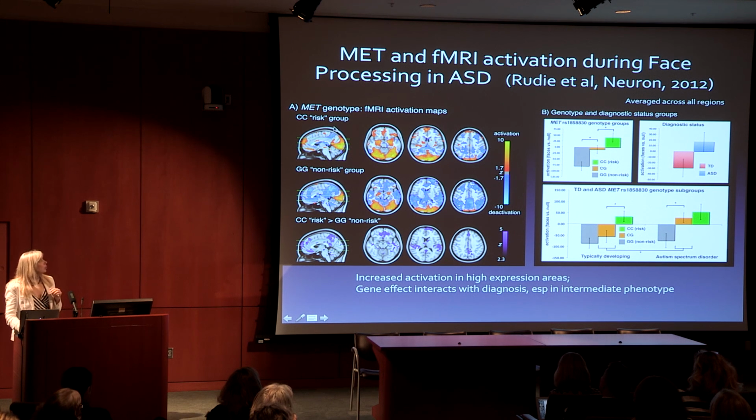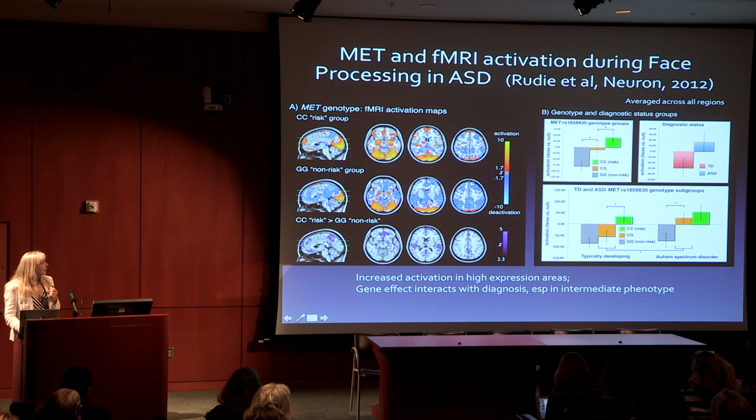And so what he found was, for those individuals who had 2 copies of the risk gene, compared to people who had 2 copies of the non-risk gene, in response to faces, you can see, I think pretty much with your bare eye, that the activation patterns are somewhat different. And here is the difference between the 2 groups.